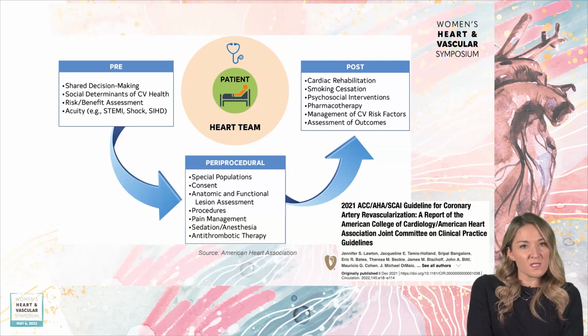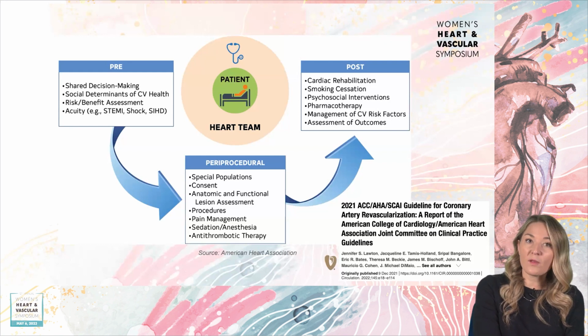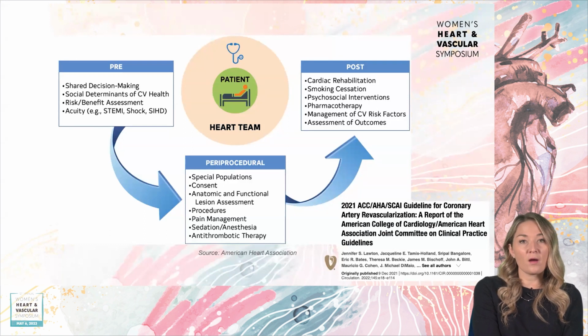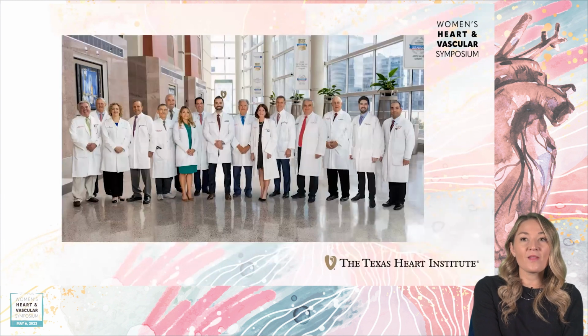So shared decision-making is important. You have to think about the patient's overall health and their social determinants of health. You have to think about the risk-benefit of doing your procedure, whether it's bypass or stenting. It's always good to phone a friend or have that heart team discussion if you're not sure and it's not obvious.